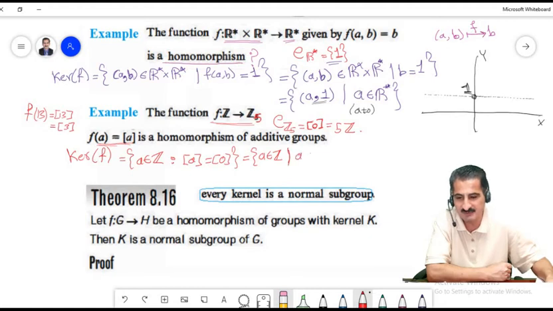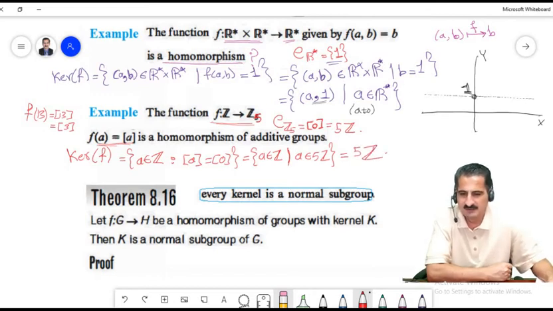That means A belongs to 5Z, which is simply now, so this looks very similar, 5Z. Okay, so the kernel is a subset, actually it is a subgroup of the domain, and the domain here is Z, so the kernel came out to be 5Z.